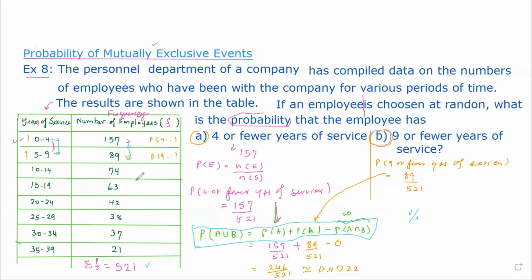If you find the mean, you have to find the midpoint first: 0 plus 4 divided by 2 gets the midpoint, that means the value of x first. So you see, they're all related. When you learn statistics, it's related to probability, and probability is also related to statistics. One question like a table like this can ask you many questions.